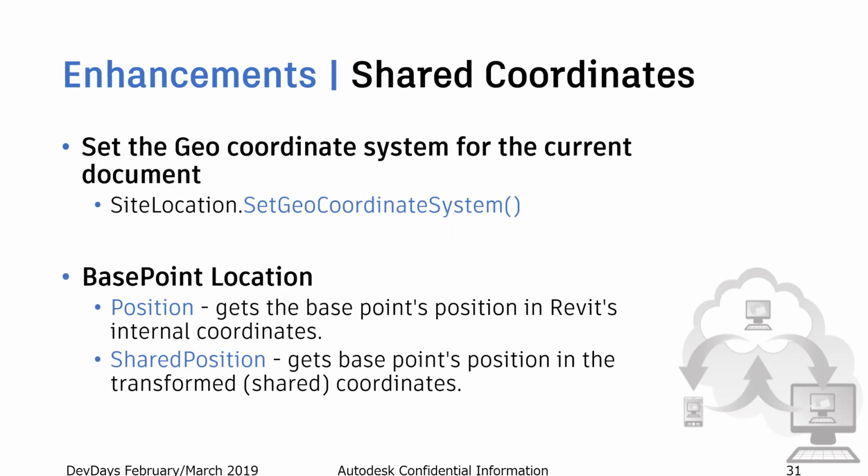So we now have the ability to set the geo coordinate system for a site location, and then project base points, you can actually start to get the information about its position, whether in Revit's internal coordinates or the shared coordinates, the transform coordinates. Either way, you can start to understand where the base point is located.